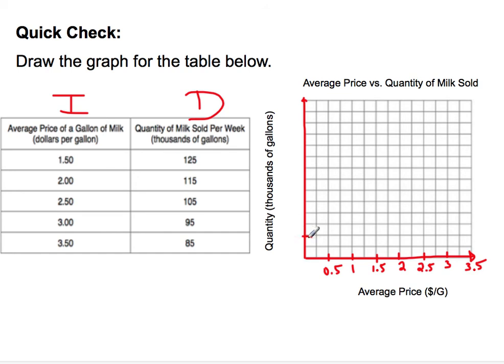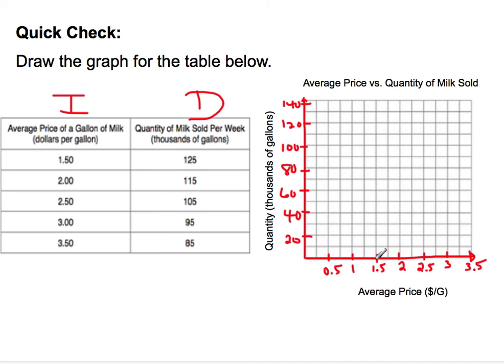So I'm going to go 20, 40, 60, 80, 100, 120, and 140. Okay, so that's pretty good. I'm just going to change my color there just to plot the points.